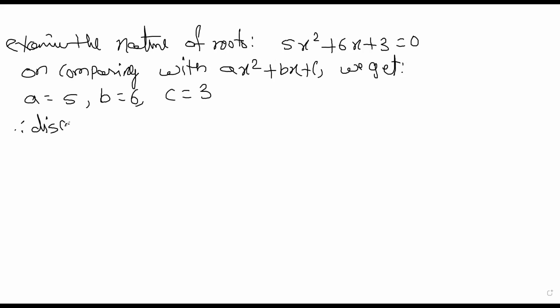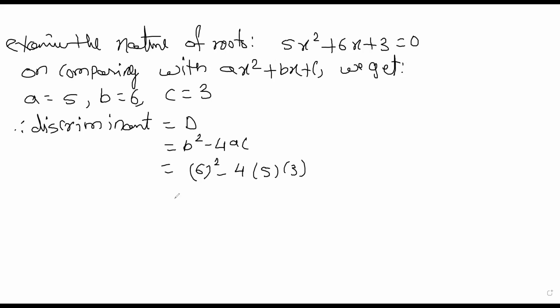Therefore, discriminant is equal to D is equal to b square minus 4ac, that is 6 square minus 4 into 5 into 3, that is 36 minus 60, that is minus 24.